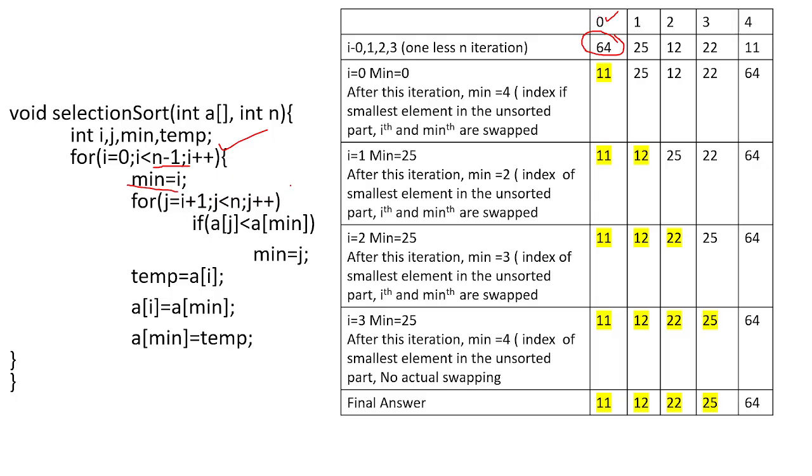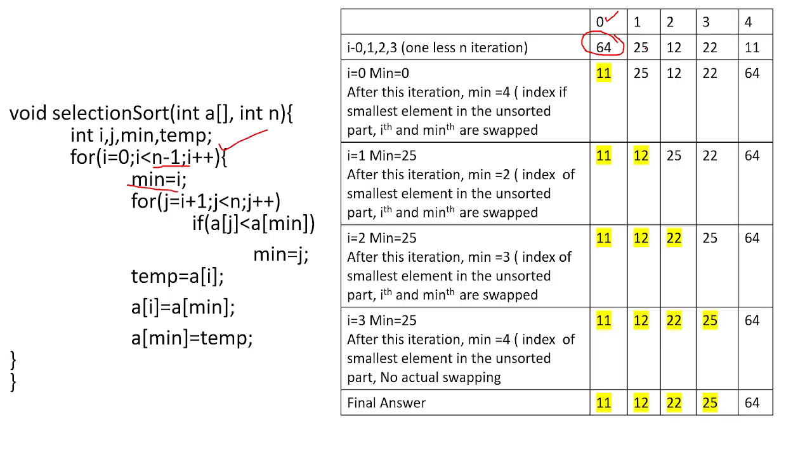You proceed from the next element onwards till the end: J equal to I plus 1, from the next element in the unsorted part. You always compare A of j with A of min.